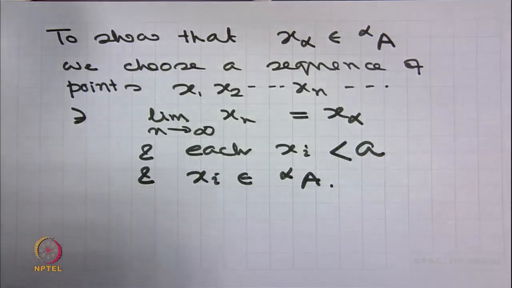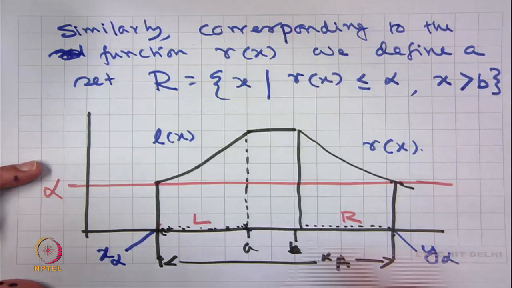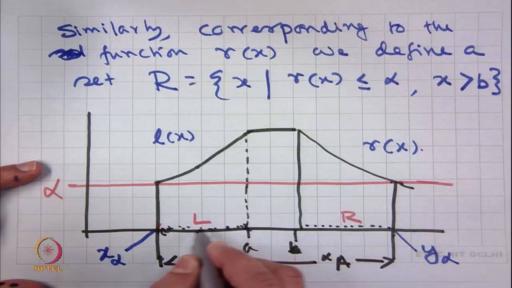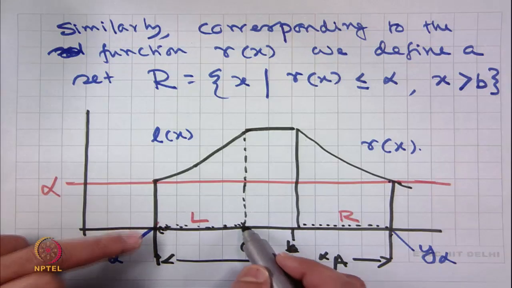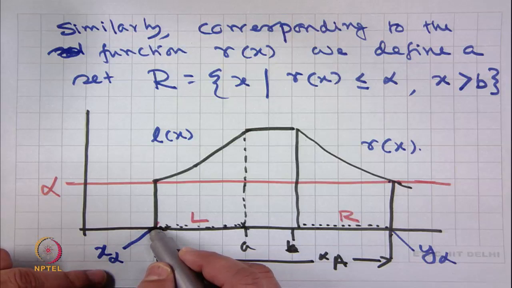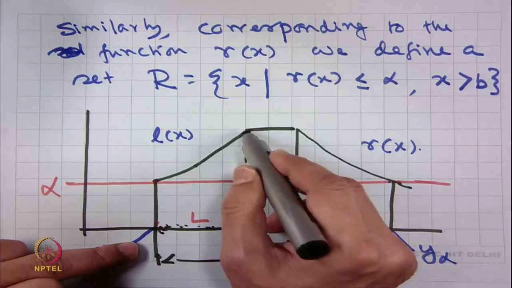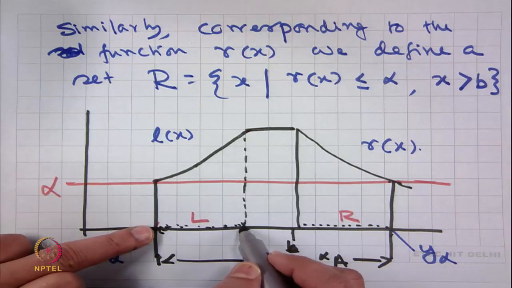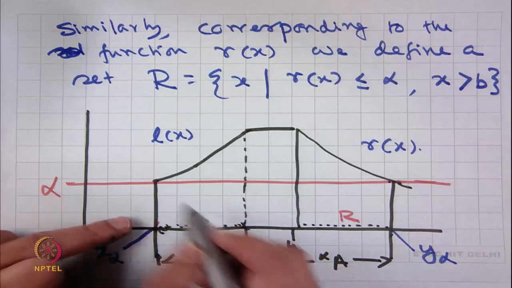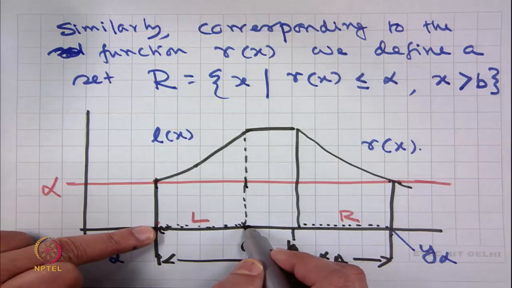If we look at the diagram again, I am choosing a sequence of points xi such that limit of xi is equal to x alpha, xi's are less than A, and they belong to the alpha cut of A. That means, I am restricting myself to this set of points.